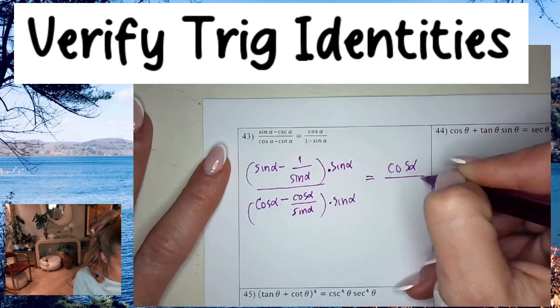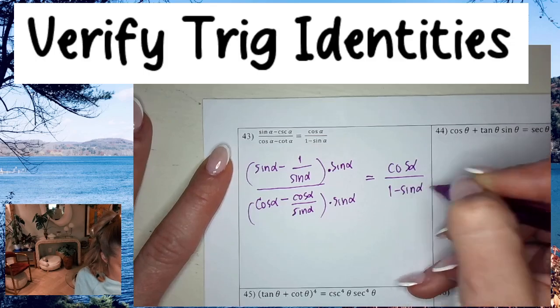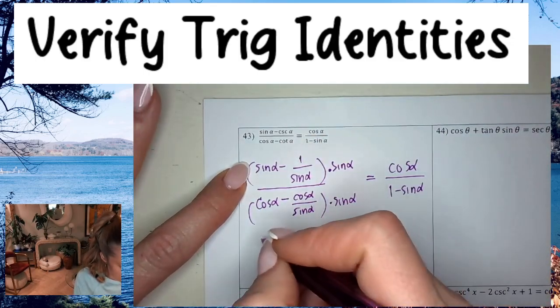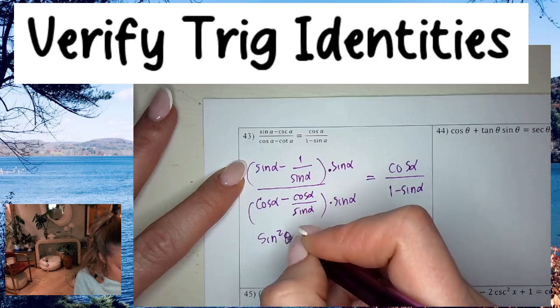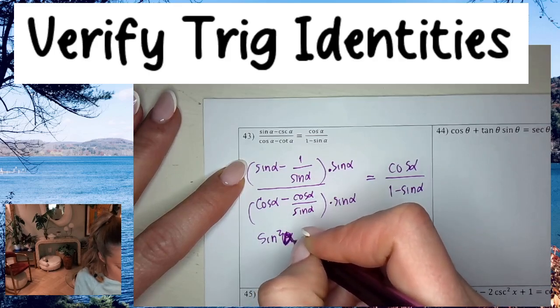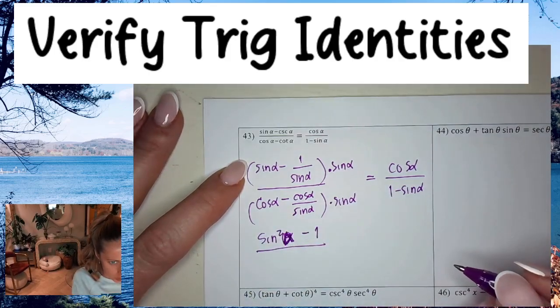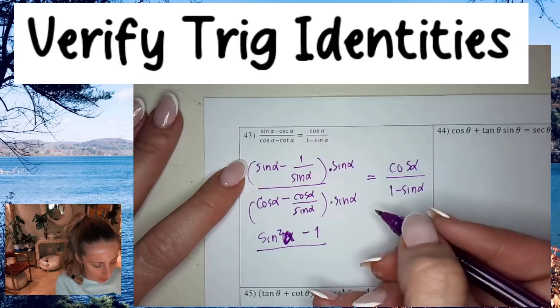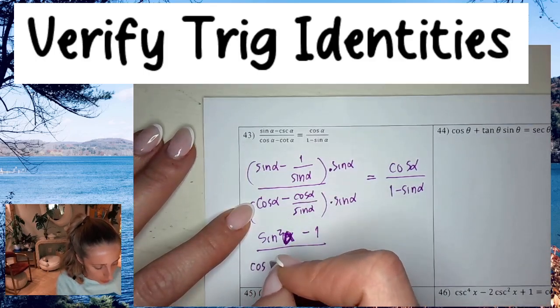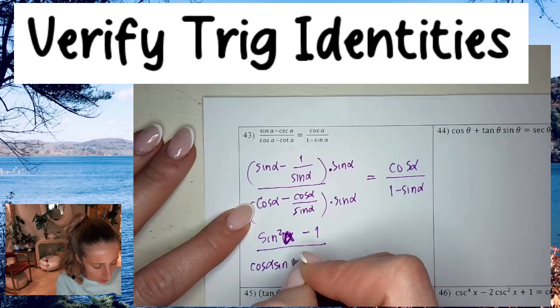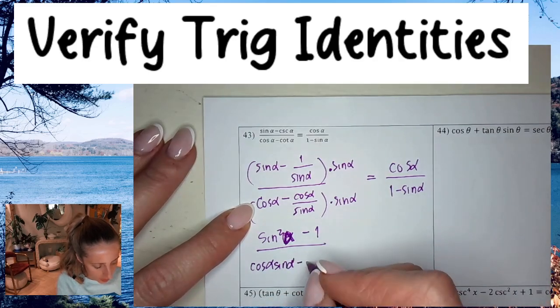Eventually we'll get cosine alpha, 1 minus sine alpha. This distributes, I get sine squared alpha, not theta, whatever, alpha minus 1. That is negative cosine squared, right? It's the Pythagorean identity. Then here, cosine alpha, sine alpha, minus sines cross out, cosine alpha.